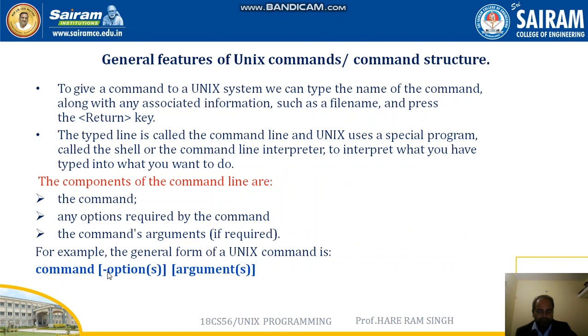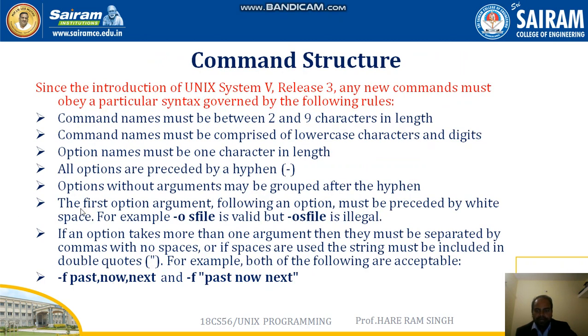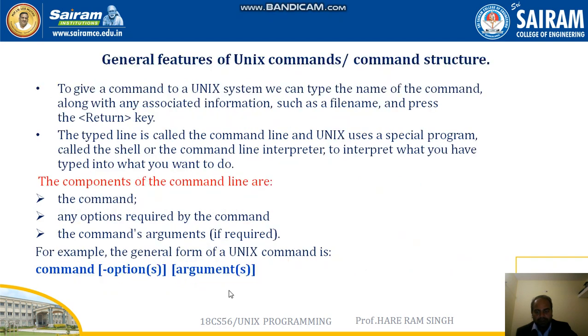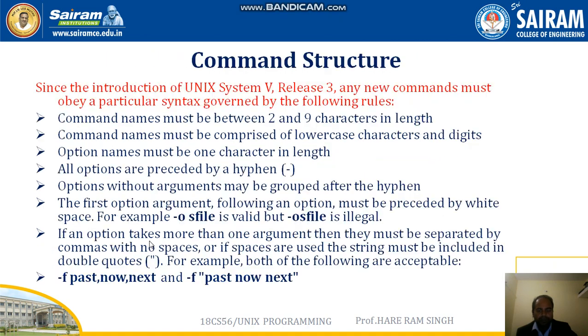So the first feature is that the command name should be 2 to 9 characters, the option name should be only 1 character, and before options, a hyphen is required. Then options without arguments may be grouped after the hyphen.